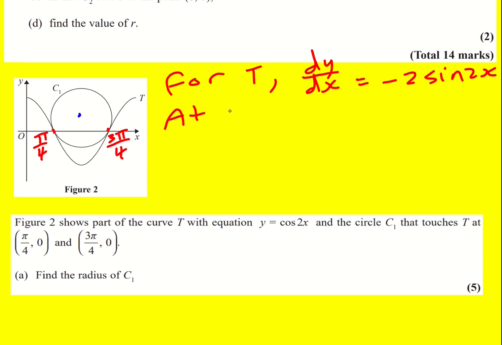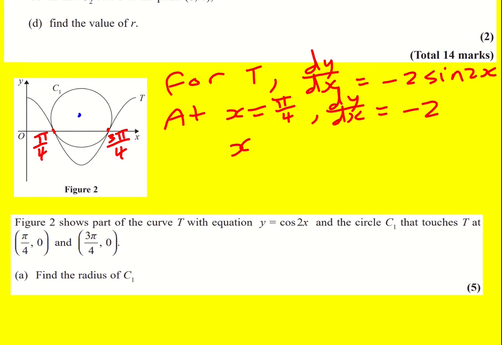And then at x equals pi over 4, dy by dx is going to equal minus 2, because it's minus 2 times sine pi over 2. So I can go straight to that.